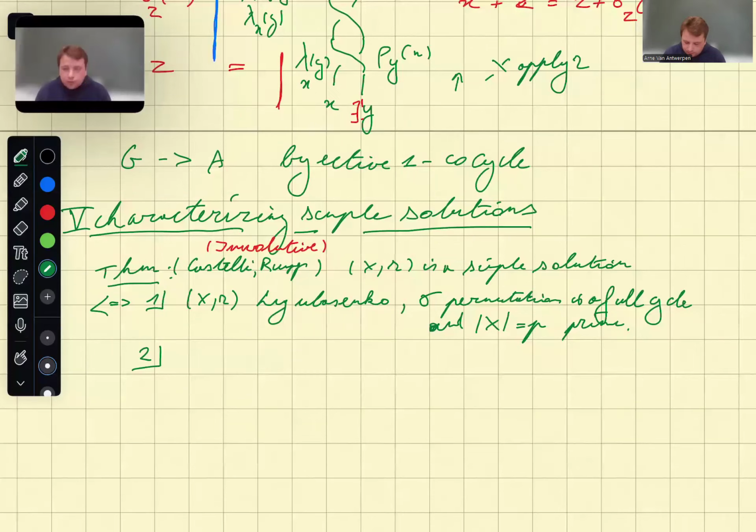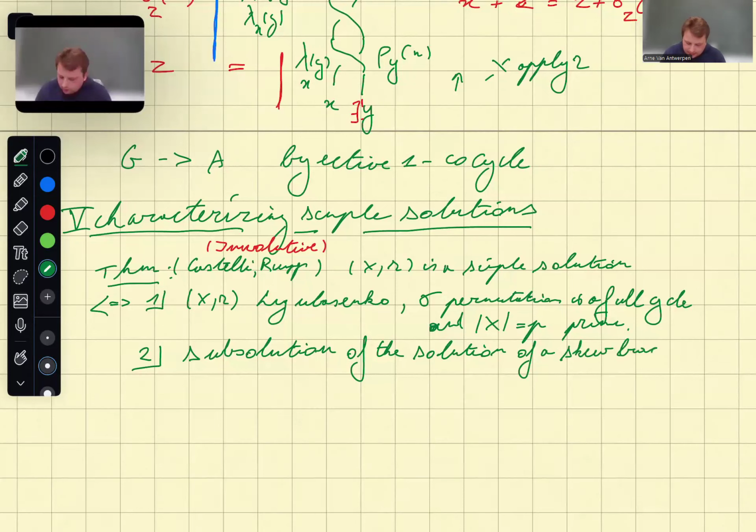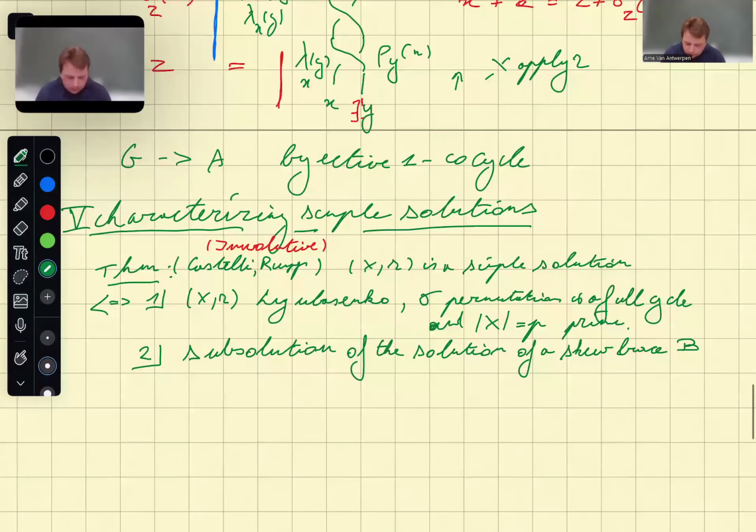So the second possibility is that it's a subsolution of the solution of a skew brace, B, such that this skew brace has to satisfy quite a few conditions.